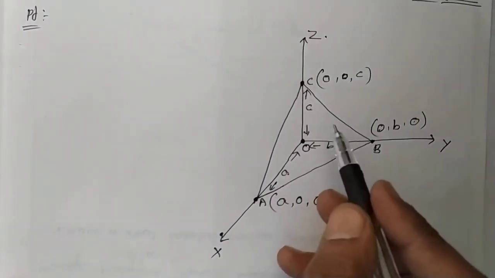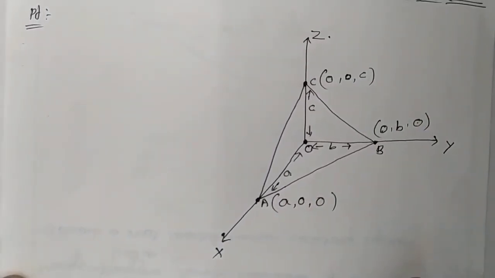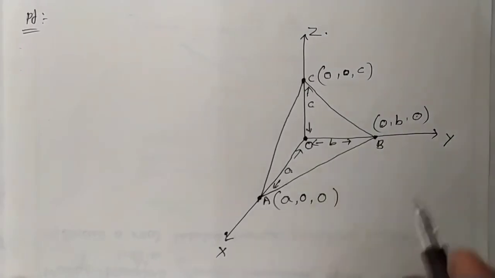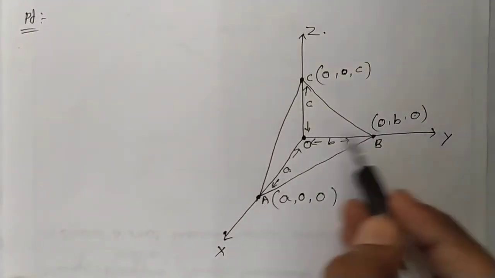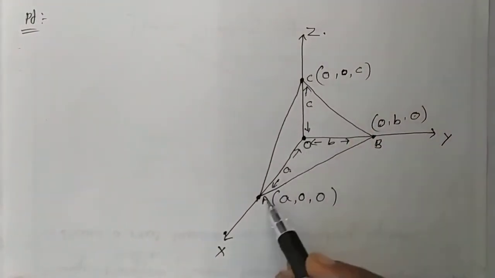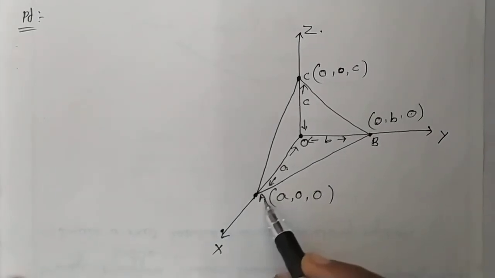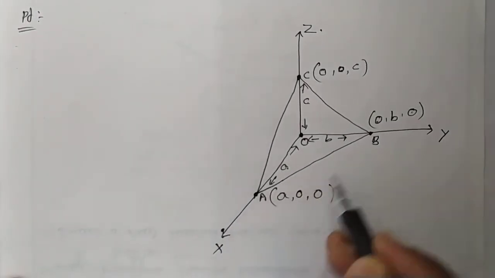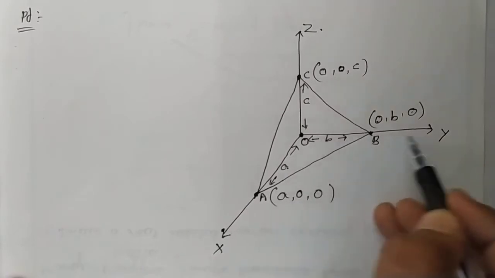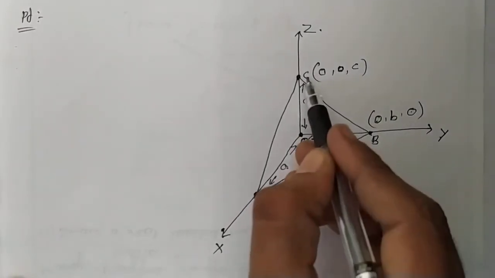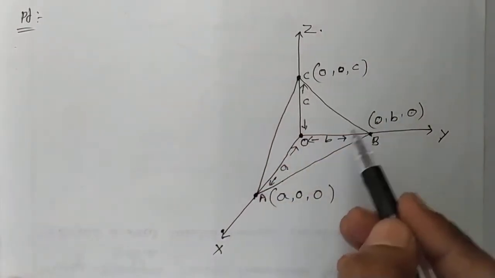Hence, it is the diagram of this derivation. Once again, x, y and z, it is the origin. Since the point A lies on the x-axis, the point B lies on the y-axis, the point C lies on the z-axis.